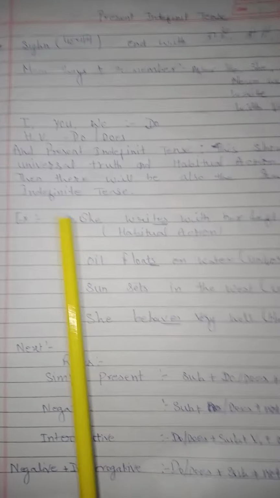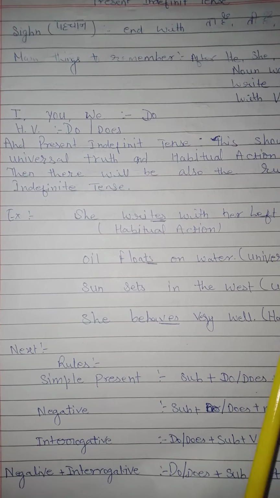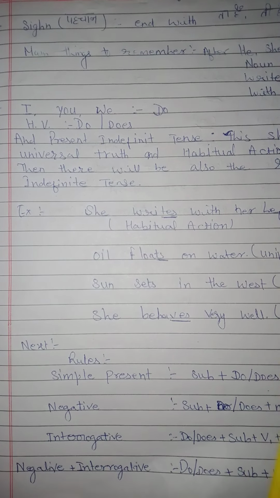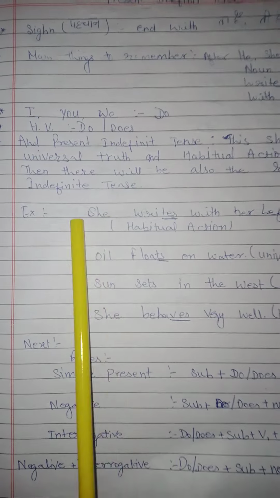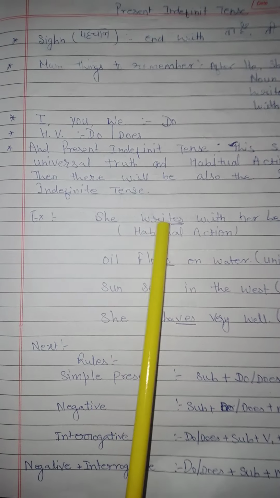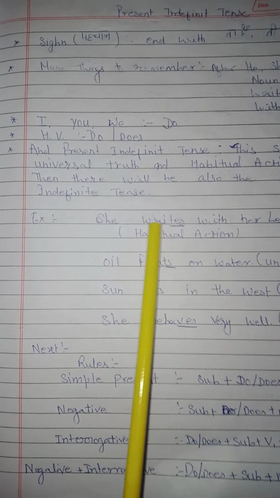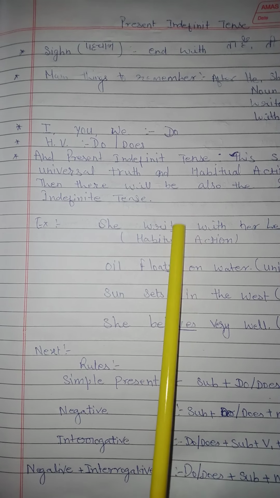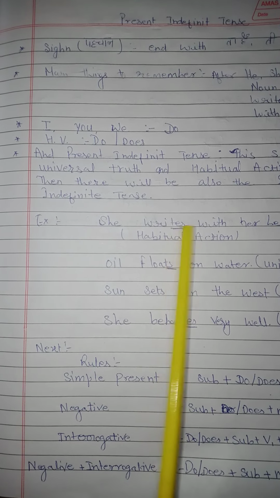First one: she writes with her left hand. She is our subject and write is our verb. But we have added es here.